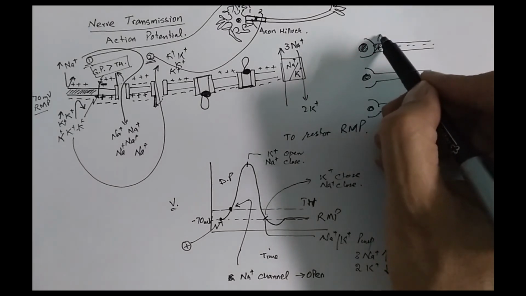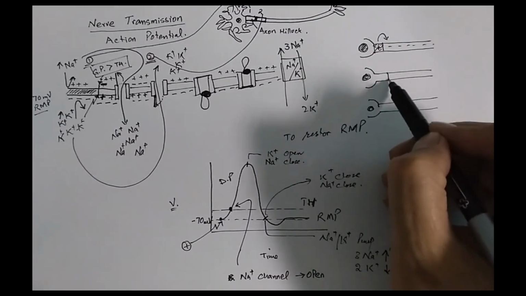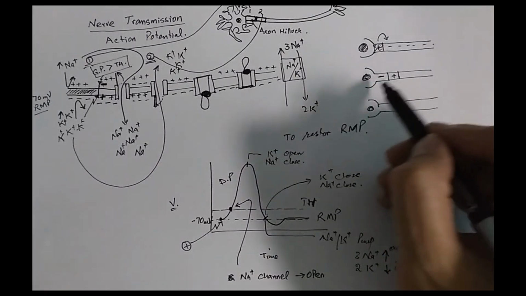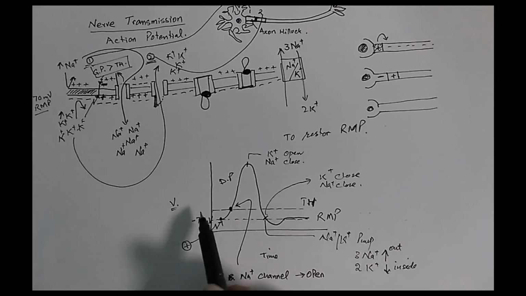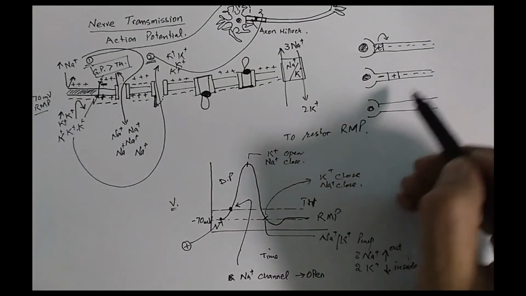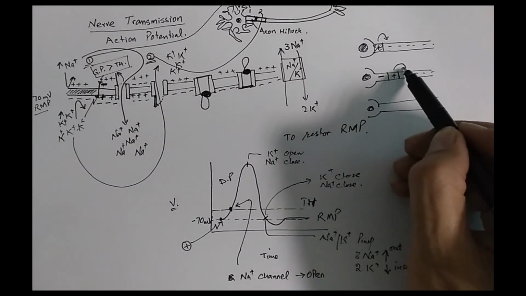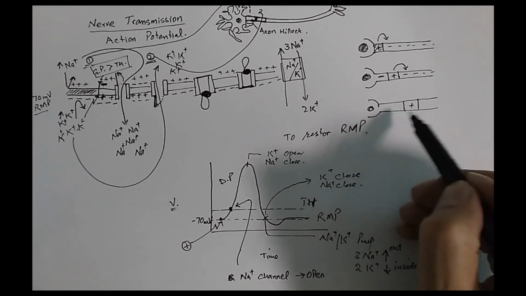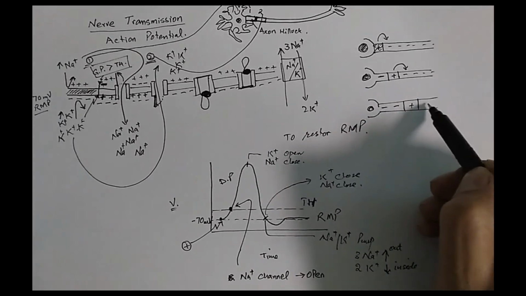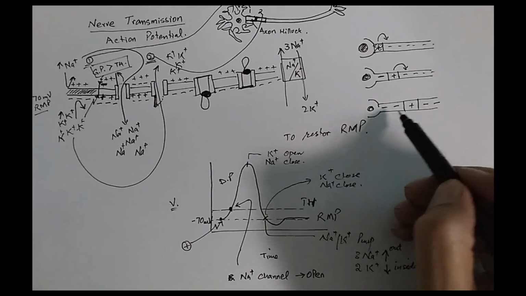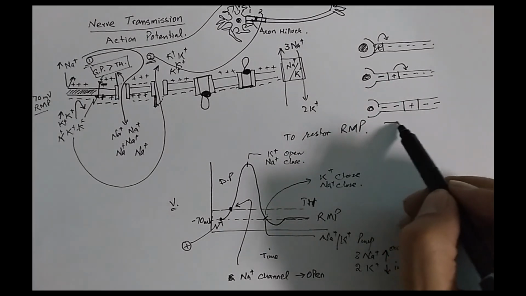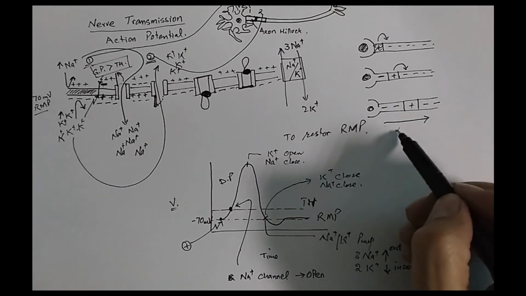This action potential is then shifted towards the next section, which becomes positive, and the previous section restores its resting membrane potential with the help of the same mechanism which I just explained. Then later this change in the membrane potential is shifted to the next section in the neuron that becomes positive, while the previous two sections restore their membrane potential to negative, and this way the action potential moves from one end to the other end.